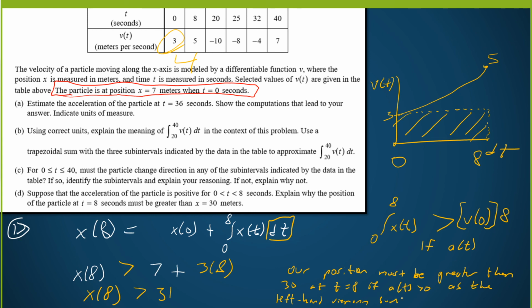A left-hand Riemann sum of 31 would underestimate the displacement. Okay. Any questions on what we did? No.